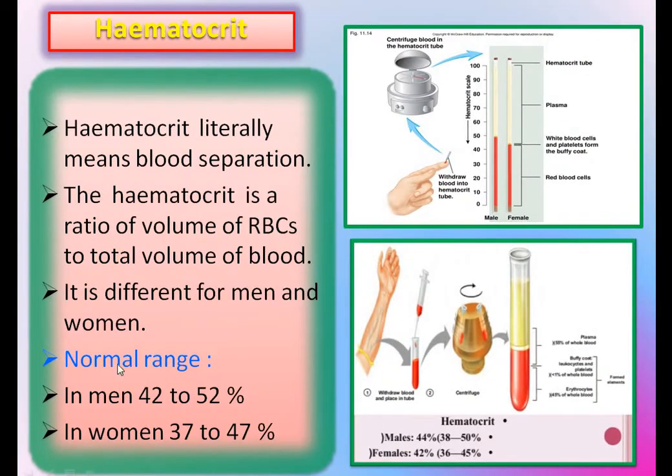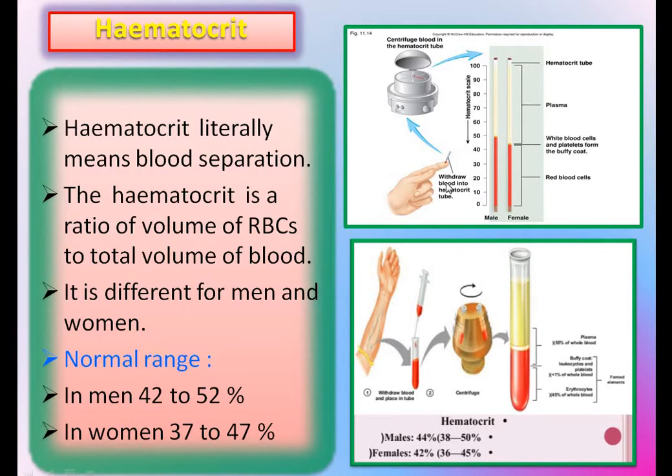Then hematocrit. Hematocrit literally means blood separation. It is an instrument for measuring the ratio of the volume of RBCs to total volume of blood, typically by centrifugation. This is the centrifuge and this is the hematocrit tube.